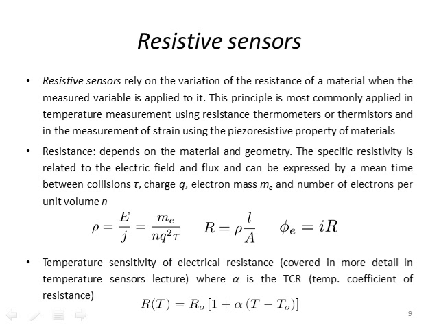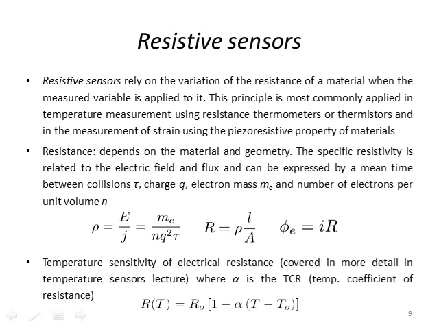Now, the resistance depends on the material and geometry. Specific resistivity, which we've given as ρ, is related to the electric field and the flux, which is the current density, and which can be expressed in terms of the mean time between collisions, tau, charge, electron mass, and the number of electrons per unit volume in the system. These are usually for metals.